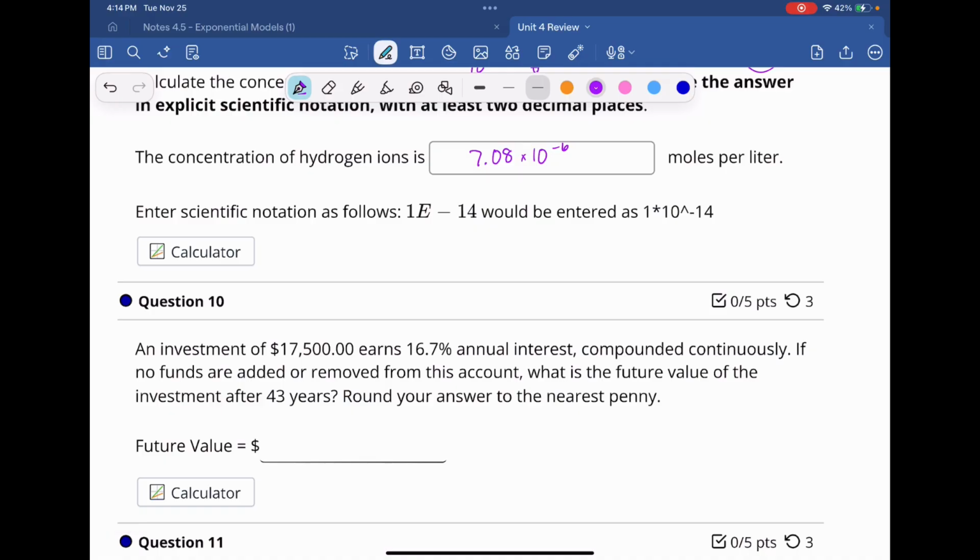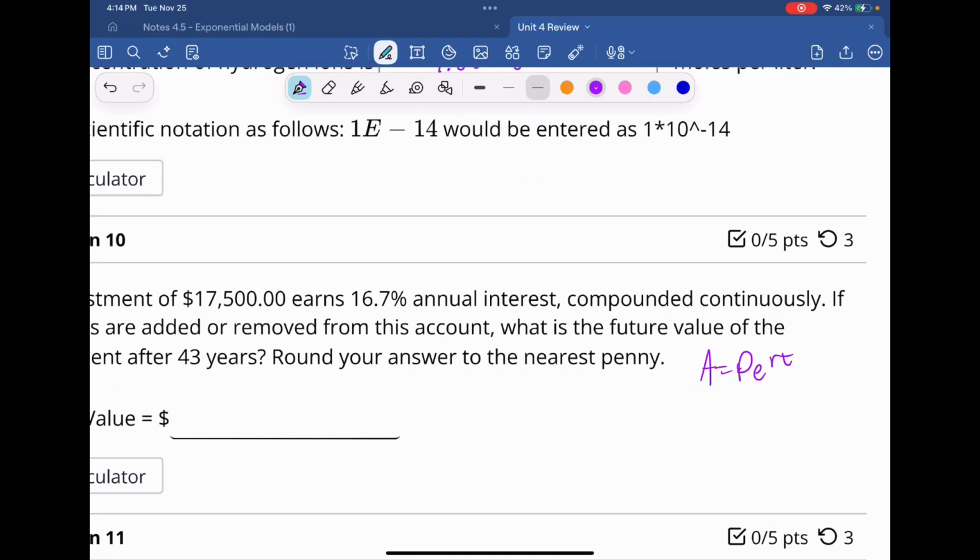All right, investment of 17,500, 16.7% annual interest compounded continuously. So this is my formula. And really, you're just plugging in that 17,500 is your initial. Your interest rate is 0.167, and your time is 43.